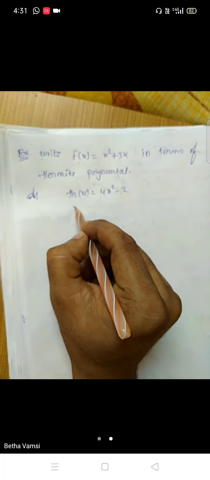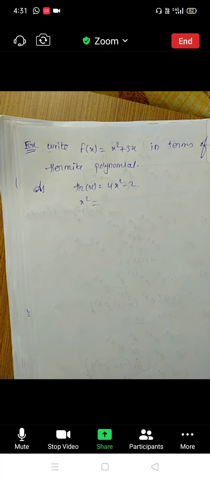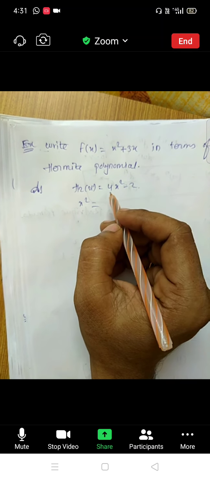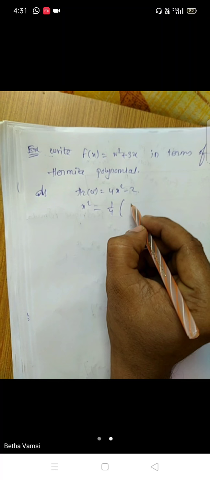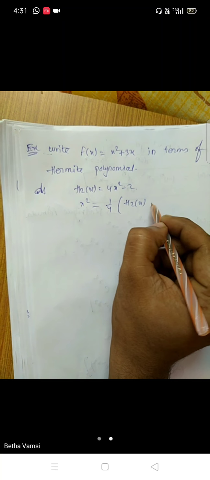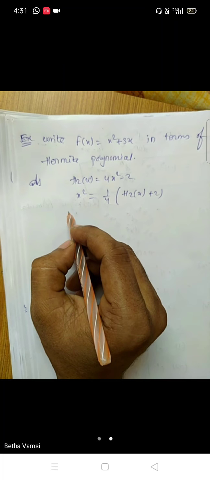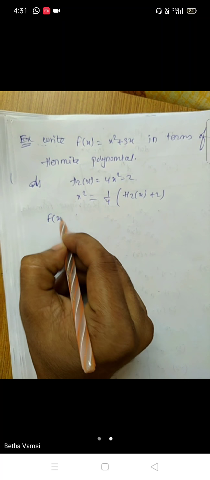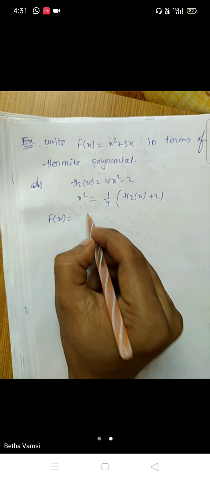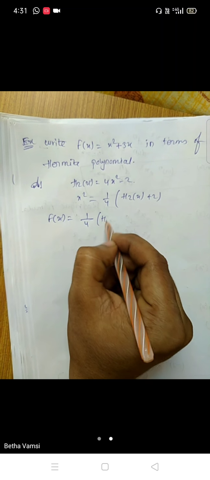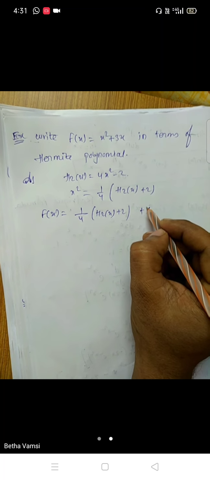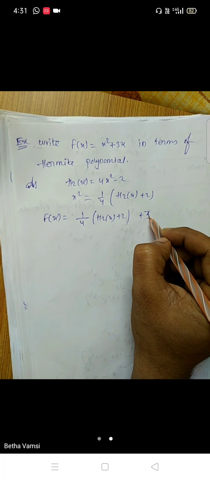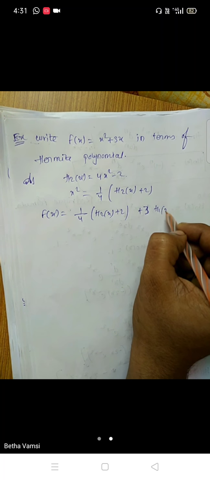Therefore x square is equal to one fourth of h2 of x plus 2. So f of x is equal to one fourth of h2 of x plus 2, plus 3 times h1 of x.